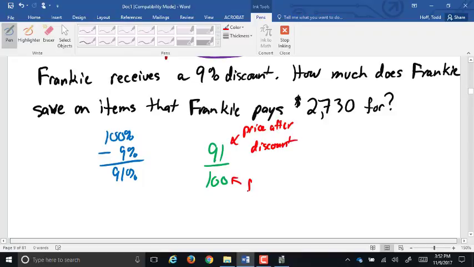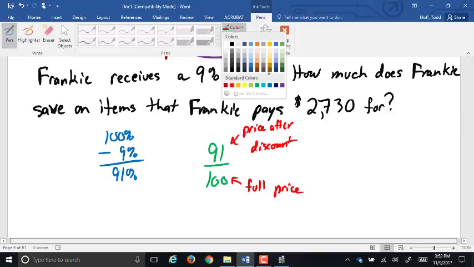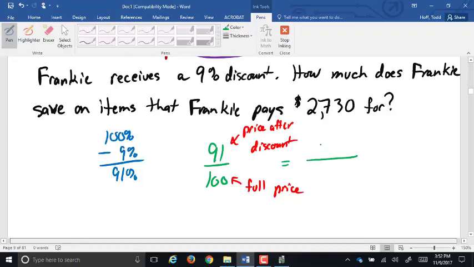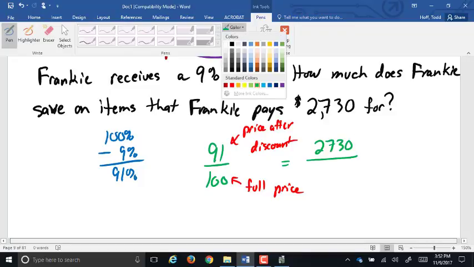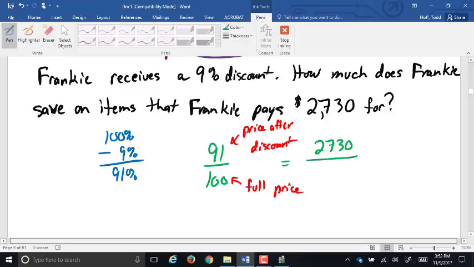The 100 represents full price. The 2,730 is the price after the discount. If we cross multiply and divide here, we get $3,000. That is the full price.